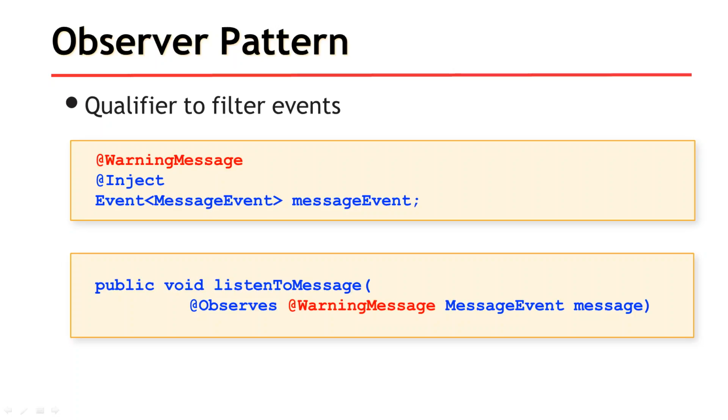You can also use qualifiers here to filter events. For example, you can qualify the @Observes annotation by using a custom qualifier. When you fire it, you can statically provide the qualifier at the event injection point and also in the observer method parameter. By default, events are synchronous.